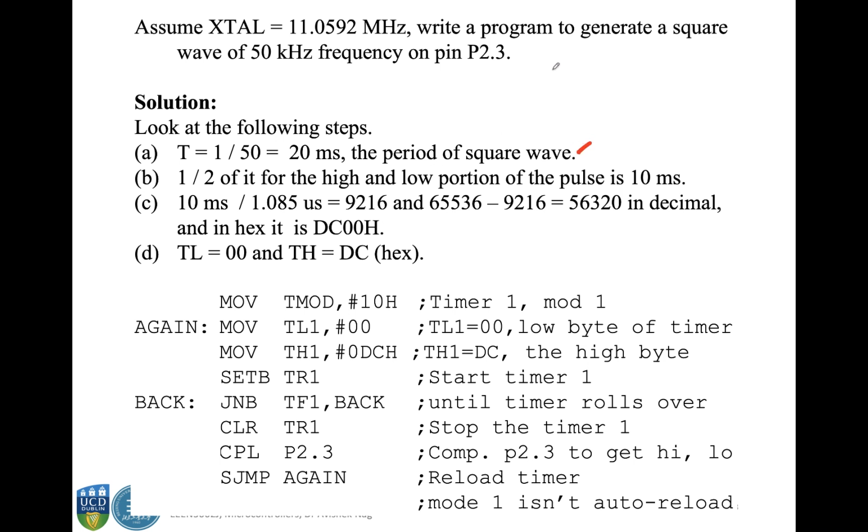So since your square wave frequency should be 50 kilohertz, so the period is 20 milliseconds, okay? And the delay that you need to generate is half of this time, so that is 10 milliseconds, okay? And if you have 11.0592 megahertz crystal frequency, then each machine cycle will be 1.085 microseconds, okay?